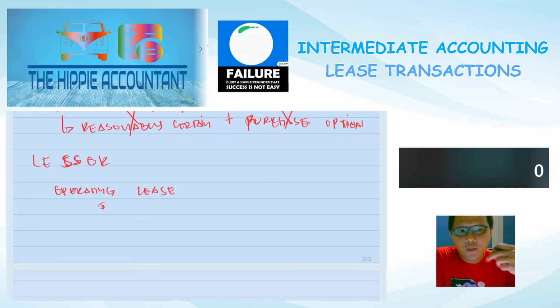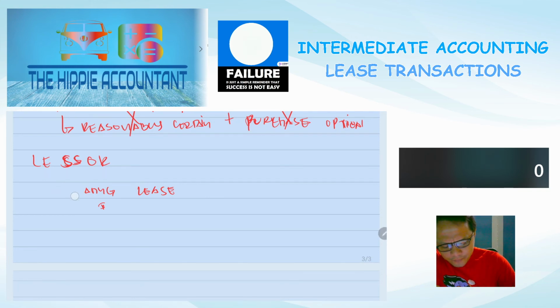Or if we give lease incentives, then we only recognize the incentive as an expense, credit cash. Pag makareceive tayo ng rental payment, debit cash, credit rent income. Okay?